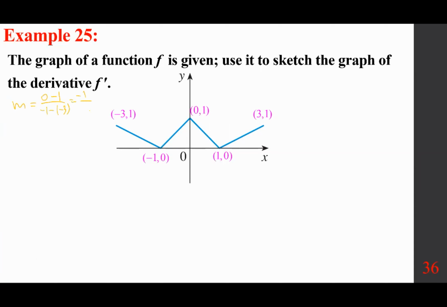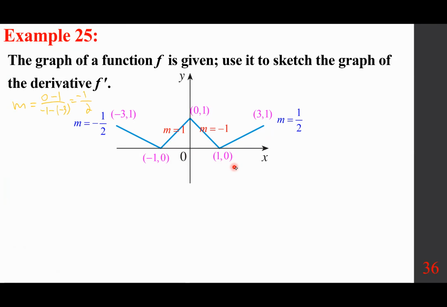The bottom is +2. And the slope is -1/2 for this case. We can work out the rest of them. If this is -1/2, this is +1/2. I hope you can see that. This is clearly slope equals +1, and therefore this is clearly -1. You can calculate them. You have those pairs.